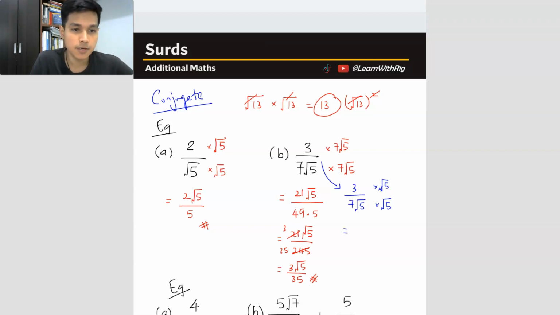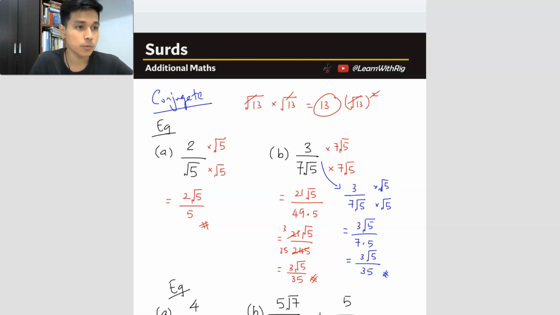So when you multiply the √5, you get 3√5. At the bottom here, you get 7 times √5 times √5, which is 5. So your final answer is 3√5 over 35, the same thing as the other way. It's just that the other way you have to simplify further, but this one you straight away get the answer.